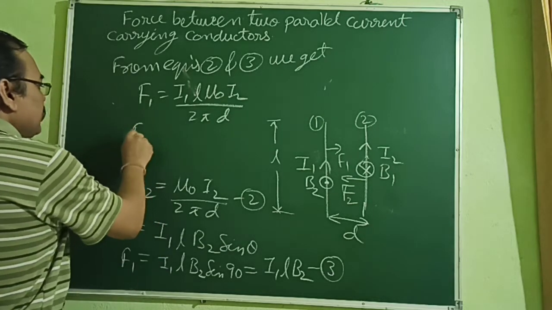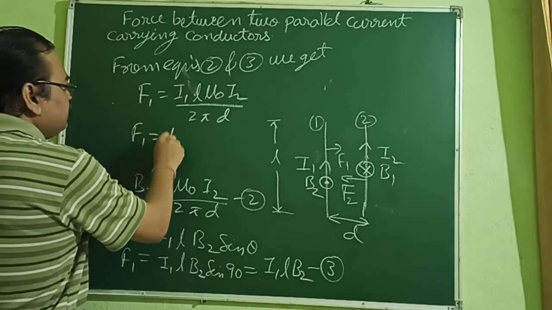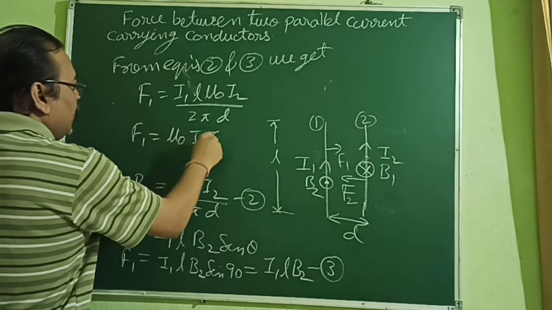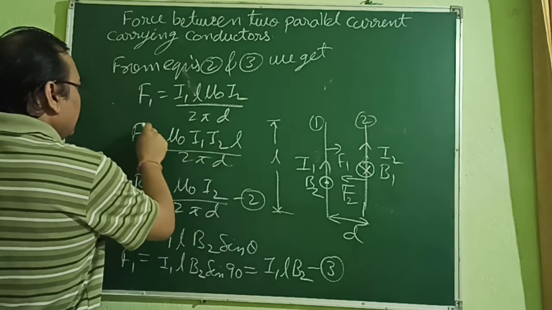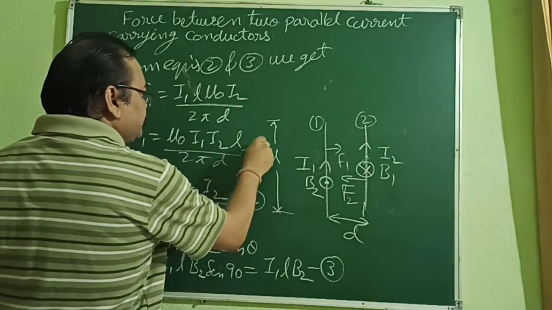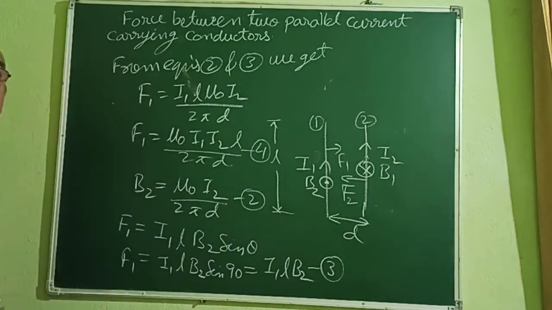We can rearrange it and write it like this: mu naught I1 I2 L upon 2 pi d. Let us mark this equation number 4. So we have got the force acting on conductor 1 due to the magnetic field produced by conductor 2.